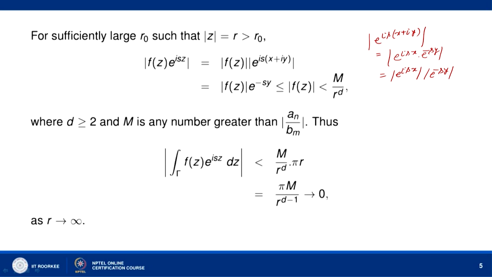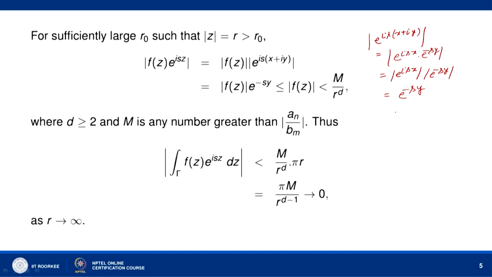Now, mod of e^(isx) is equal to 1, because s is real and positive. So, this is equal to e^(-sy), because e^(-sy) is always greater than 0. So, we will have mod of f(z) e^(isz) equal to mod of f(z) into e^(-sy).